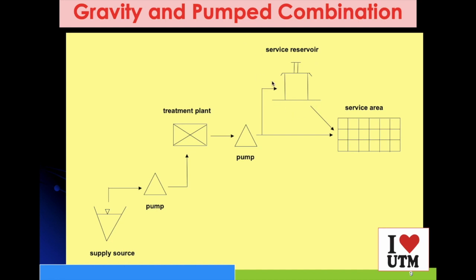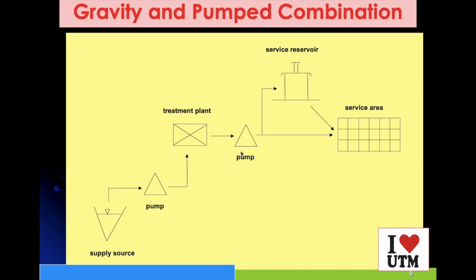Okay, remember, this is the service area. As I told you just now, at 12 o'clock at night, only 100 liters of water is needed at the service area. But this time around, the pump is pumping at a constant rate. So what do we mean by that constant rate? Let me do some calculation in my head.